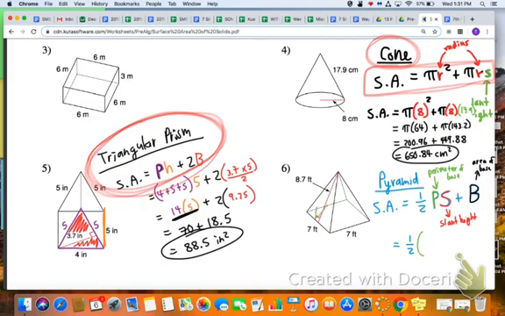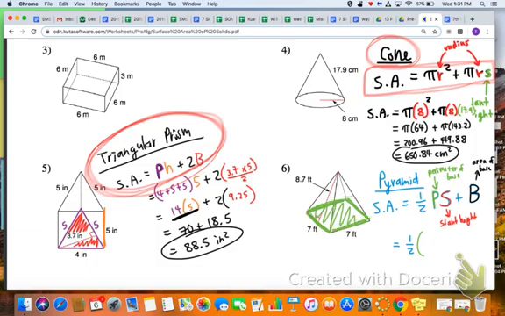Well, the base right here, that square, it's a square. So the perimeter would be all these sides added together. It looks like all these sides are 7. If this side here is 7, that side's 7. If this side is 7, that side's 7.